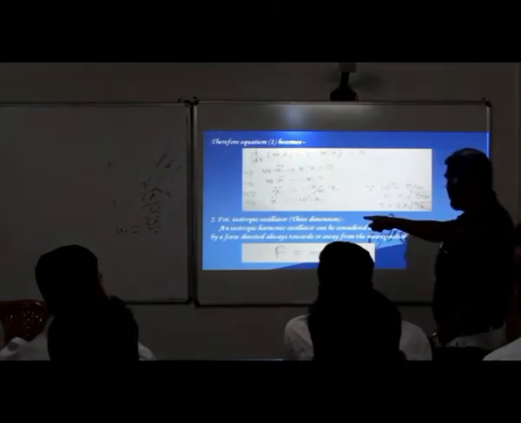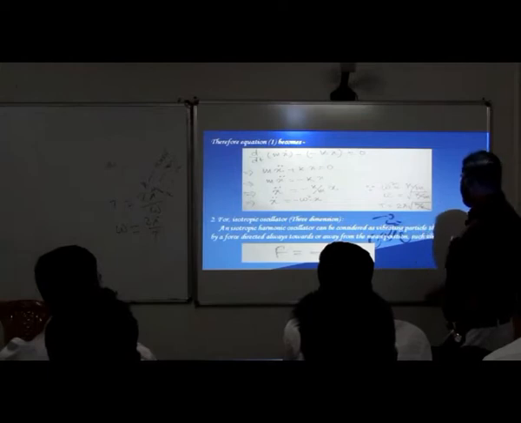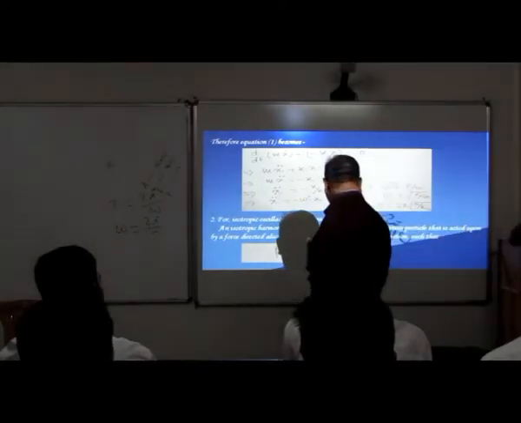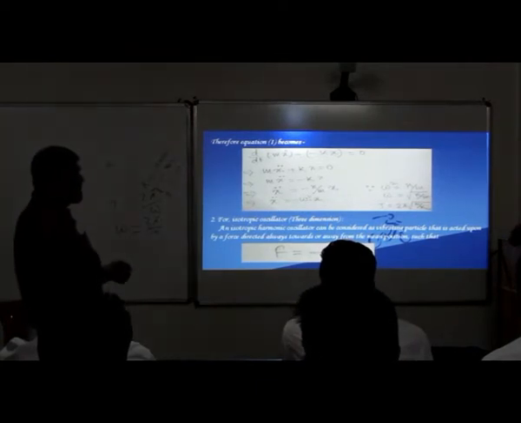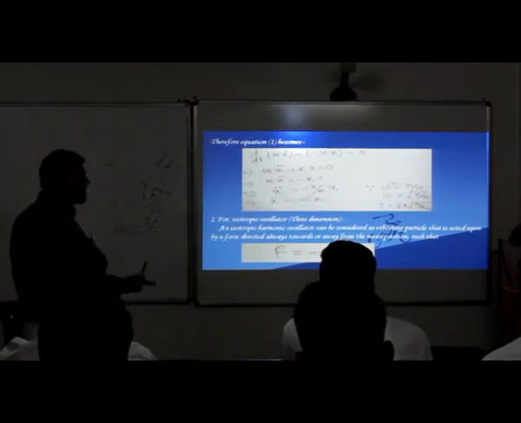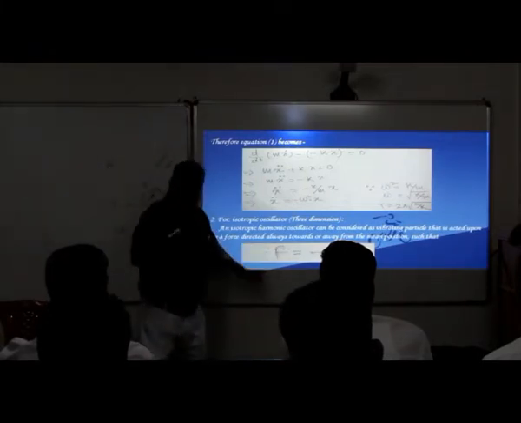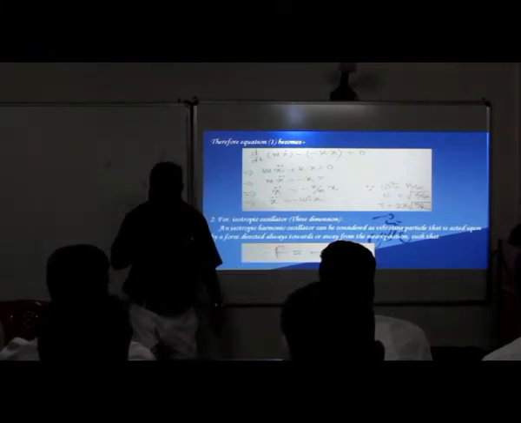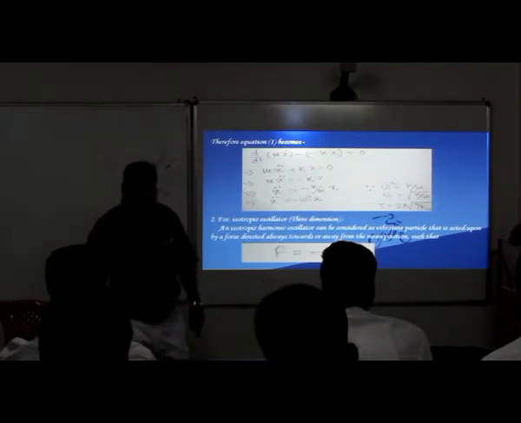An isotropic harmonic oscillator can be considered as a vibrating particle acted upon by a force directed always towards or away from the mean position, such that the force is a restoring force, driving the motion against the displacement from the mean position.